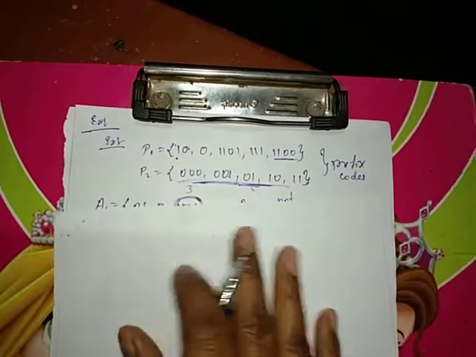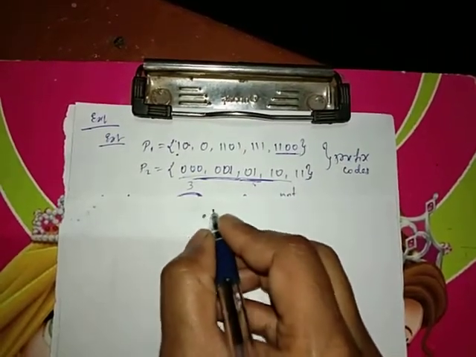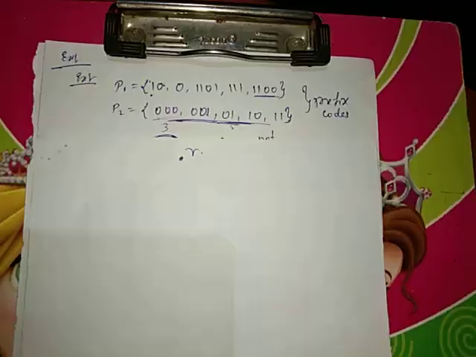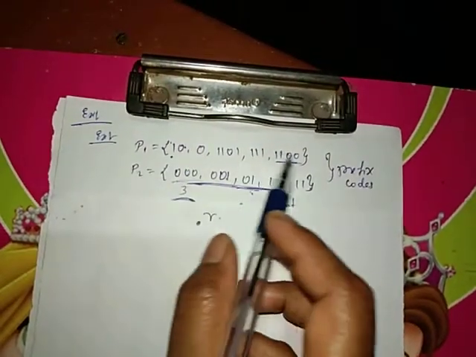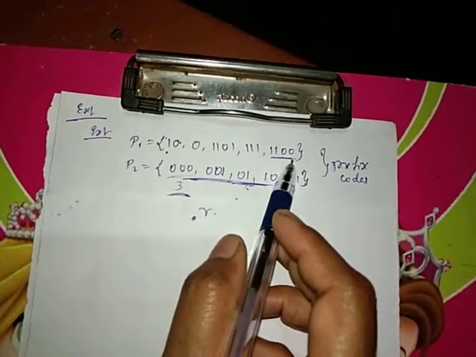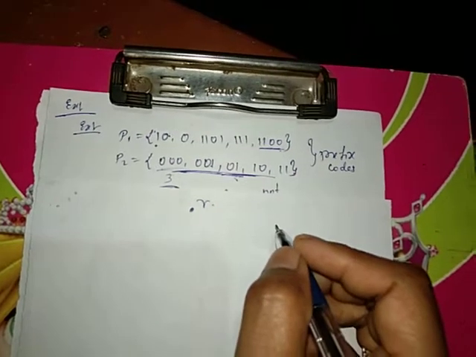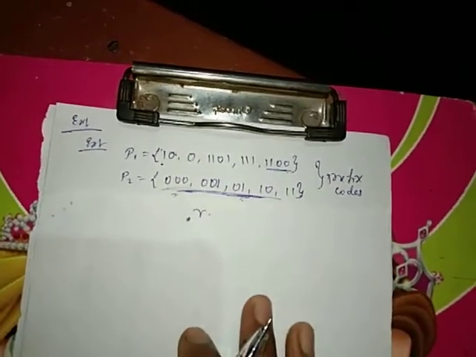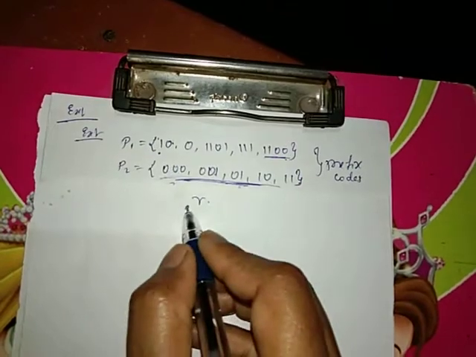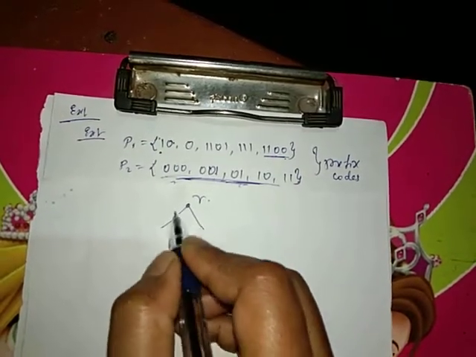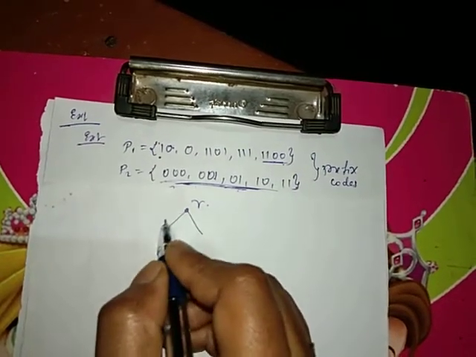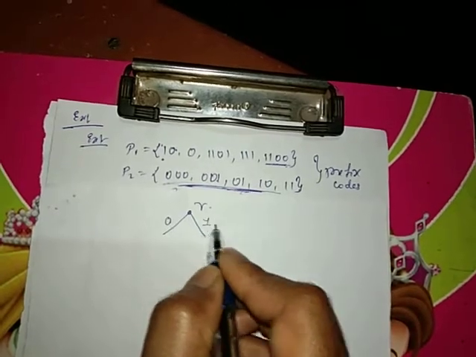So first we have to construct a root R. According to the above, the highest length will be 1100, means 4 is the highest length of the leaf. So first we divide it into 2 parts, assigning 0 to the left side and 1 to the right side.